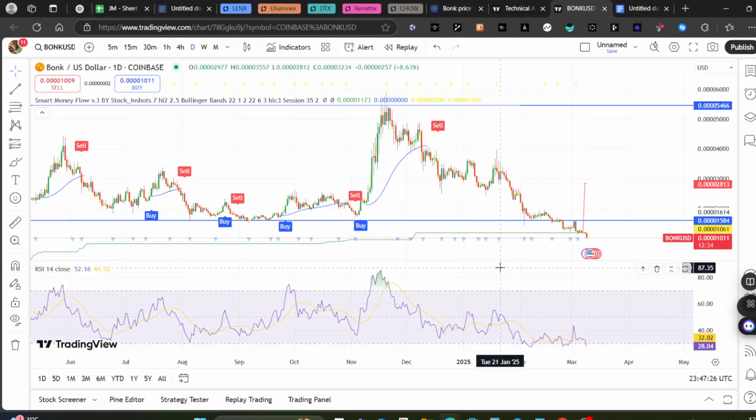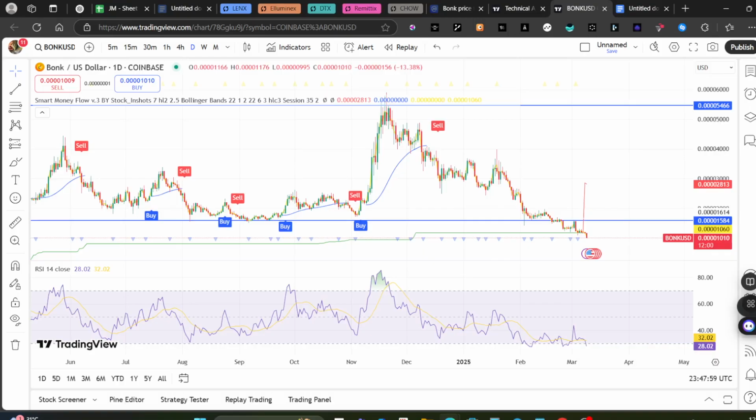Now, talking about risk management, you can use the smart money flow indicator to adjust your stop loss and exit strategy based on the flow of money. Okay, and finally, do not rely on the indicator alone. Okay, always combine the smart money flow indicator with other tools to increase your chances of success. Okay, that is actually very, very important.